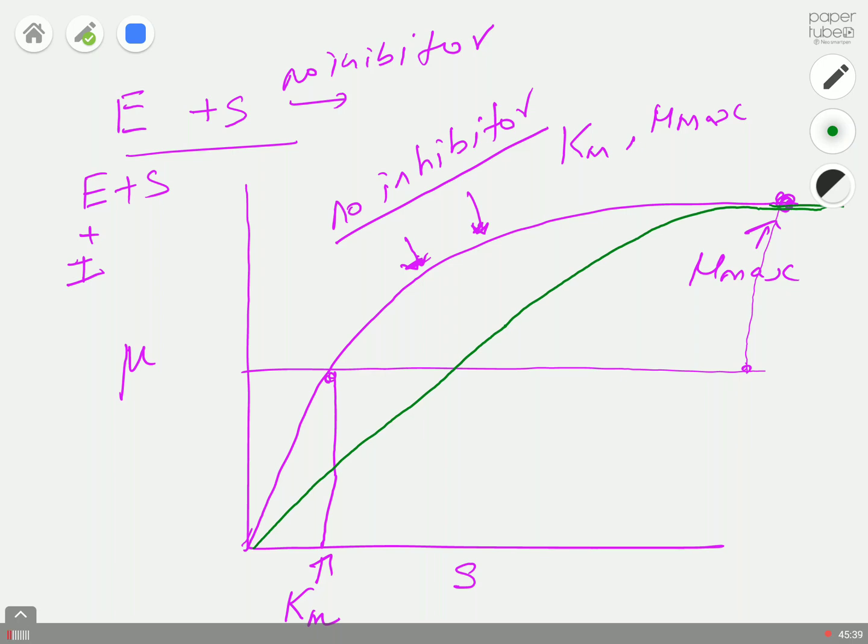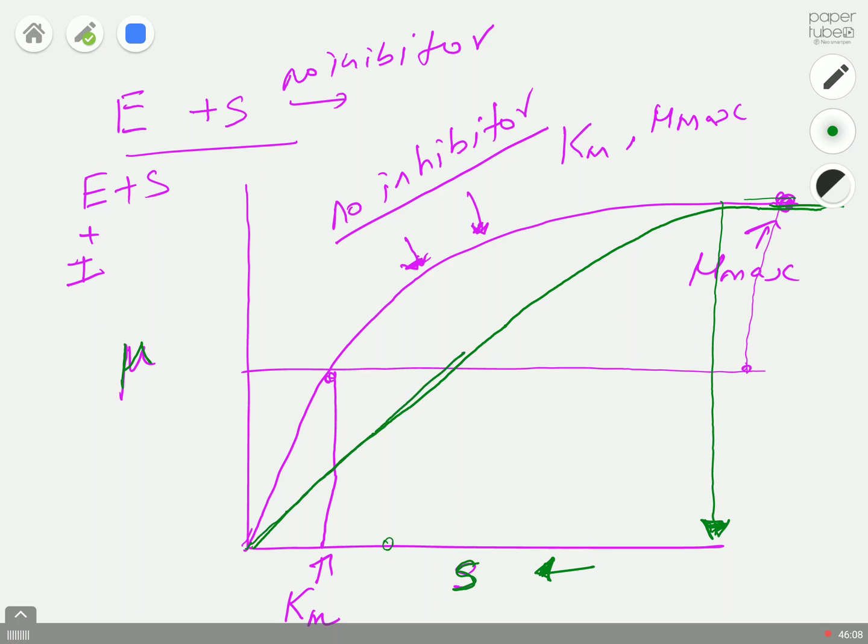What this green curve states is that your initial velocity reaches mu max when your substrate concentration is higher, but when your substrate concentration is very low, your inhibitor is altering your initial velocity.